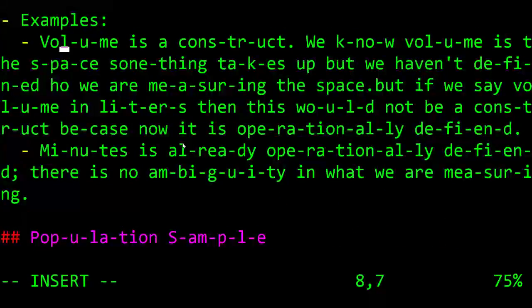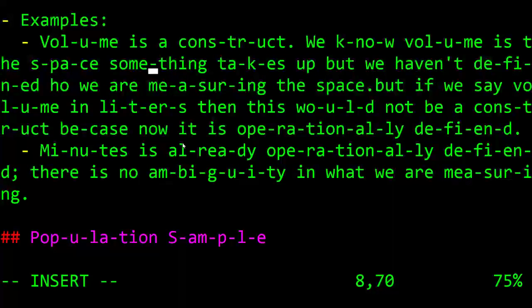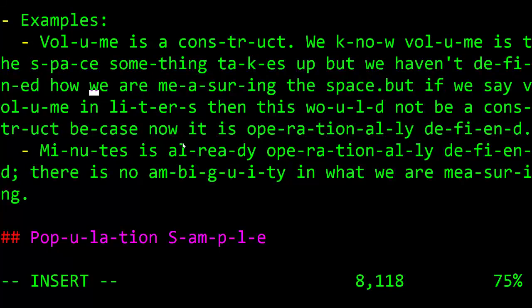For example, volume is a construct. We know volume is a construct because it's the space something takes up, but we haven't defined how we are measuring the space.